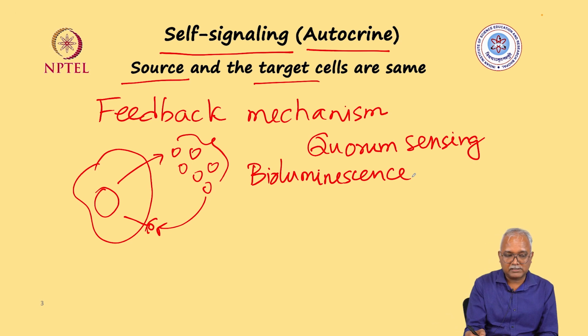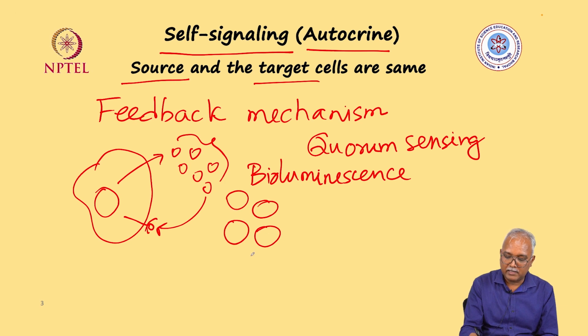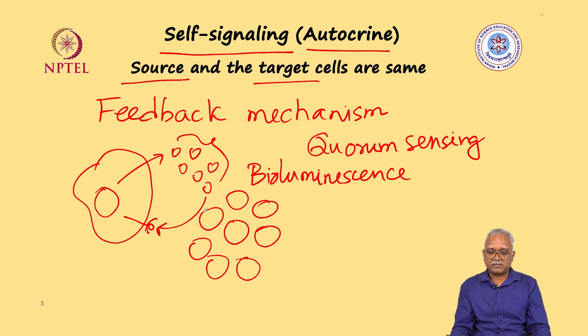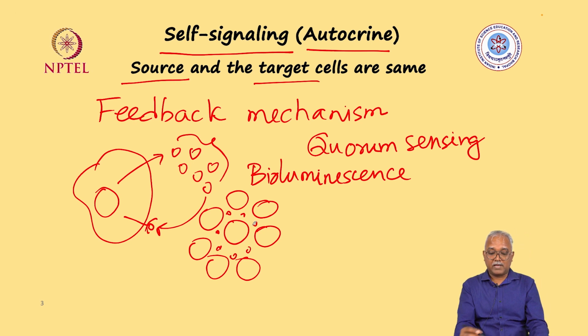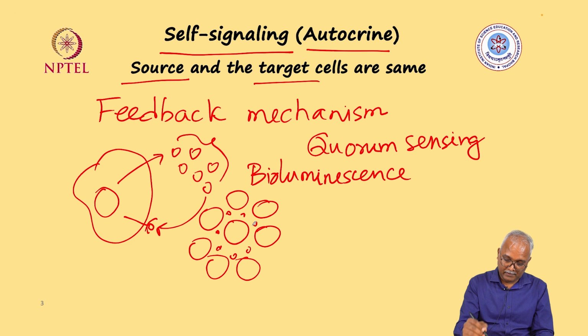So consider a scenario where one cell, or multiple cells present in the system, are releasing signals around them, and these signals are working on one of them only, basically the same, right?